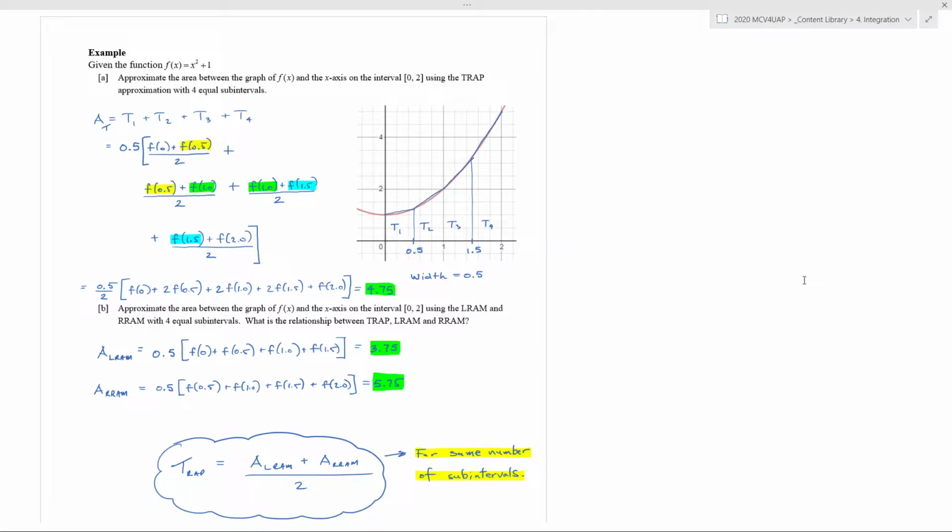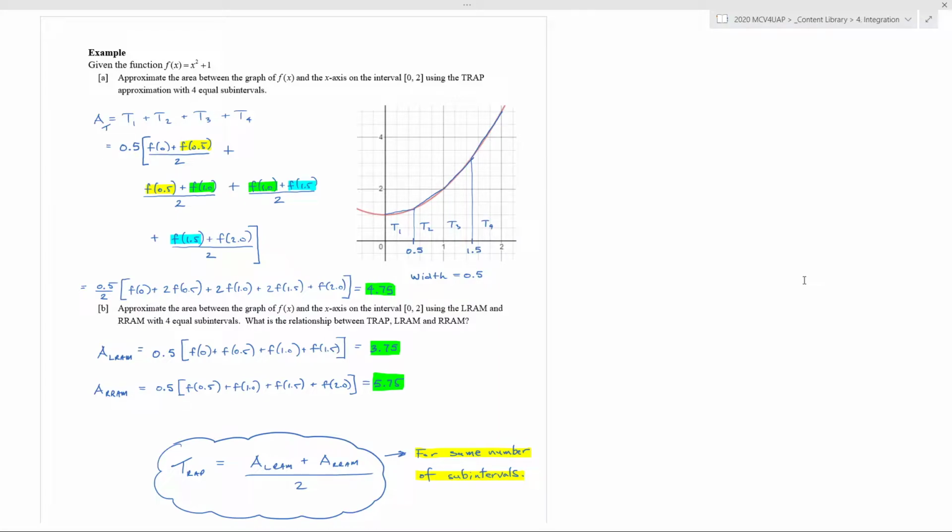I can pull that outside the bracket and write 0.5 divided by 2. Okay. Then inside the square parentheses, I'm just left with f at 0 and then plus 2 times f at 0.5, f at 1, f at 1.5, plus just f at 2.0.